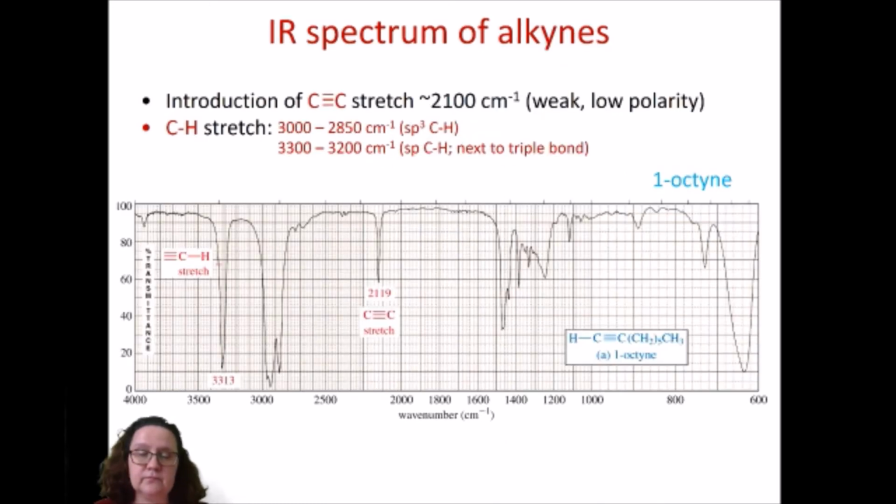This is the infrared spectrum of 1-octyne, which is an alkyne. In an alkyne, you introduce a carbon-carbon triple bond, and the stretching mode of the carbon-carbon triple bond, those sp carbons, appears around 2100. It has to be a medium to weak band because that carbon-carbon triple bond is not a very polar bond. So you might observe it, but it can be quite small.